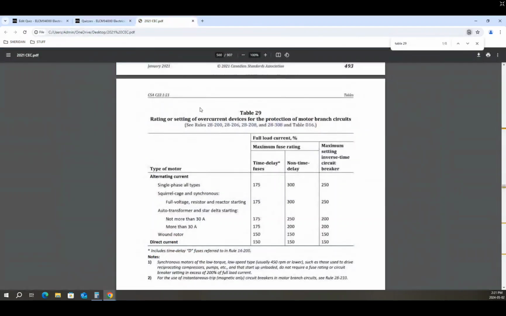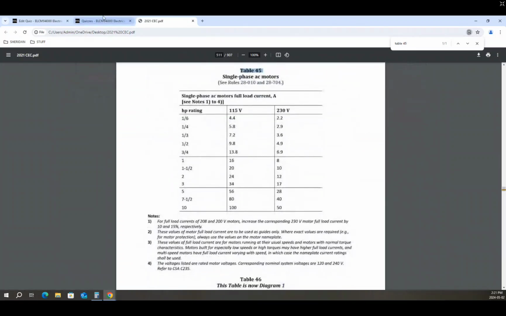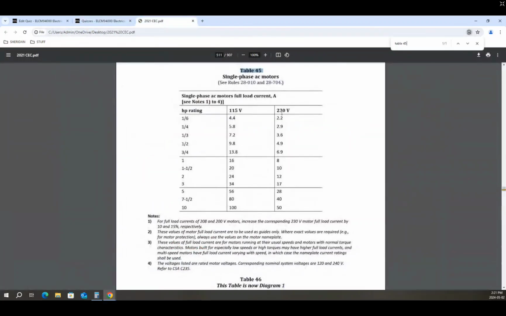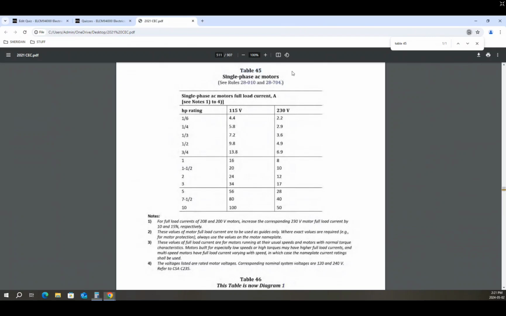I forgot, table 44, or is it 45? Need my FLA. Okay, so 240, 10 horse, 50 amps. I'll go 50.